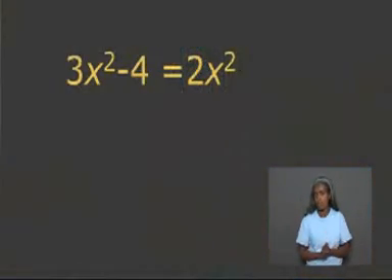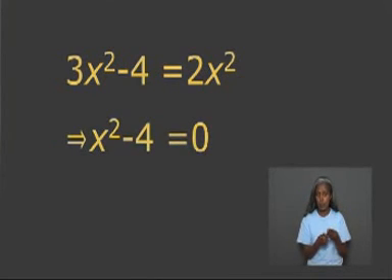Welcome back, students. If you followed our formula and the three-step process, I hope you did not have too much trouble. 3x squared minus 4 equals 2x squared. Therefore, x squared minus 4 equals 0.